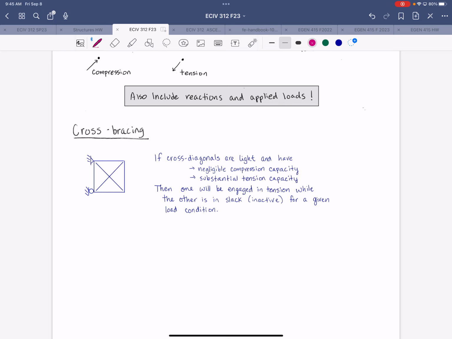If you have a truss panel like this, where you have cross diagonals, and those cross diagonals are both light relative to the other members, with negligible compression capacity but substantial tension capacity, that would indicate that you're dealing with a cable or a tie, a tension-only member.